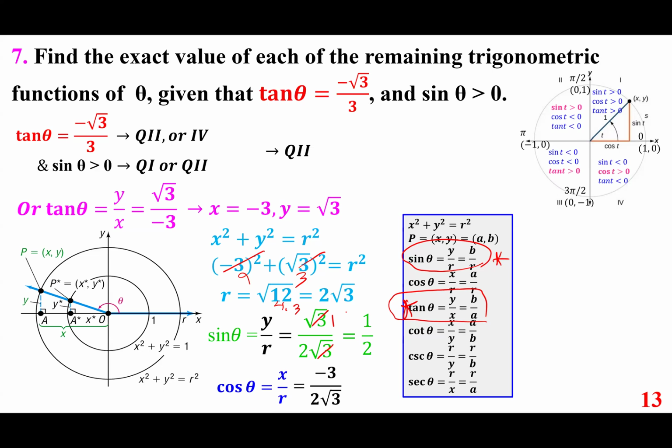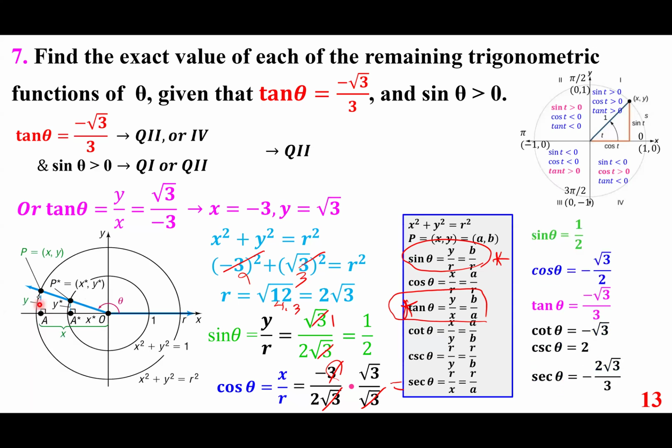And if you want to rationalize, you multiply by square root of 3 over square root of 3. I hope you see that square root of 3 times square root of 3 is 3, and cancels out the 3. Okay. So we get minus square root of 3 over 2.